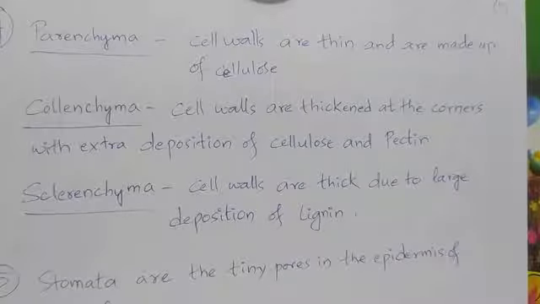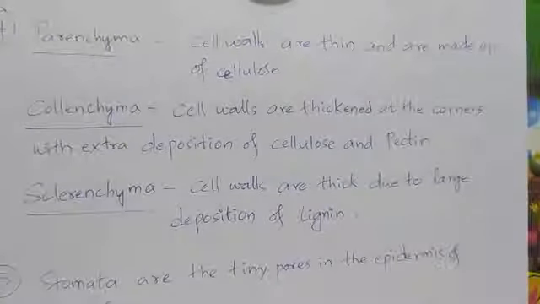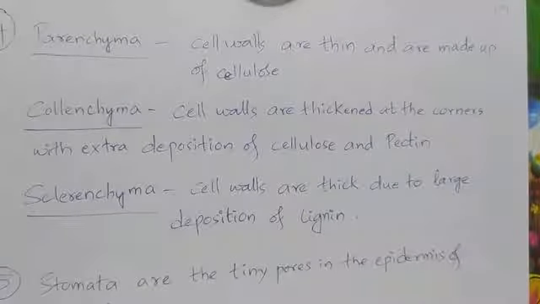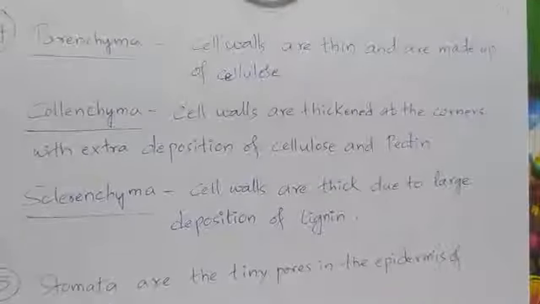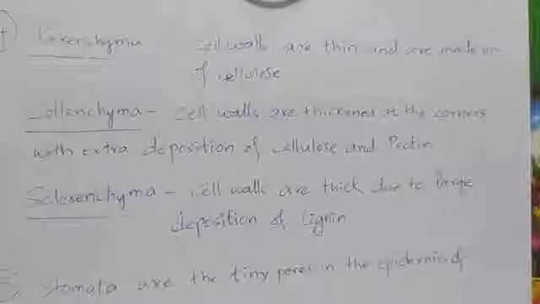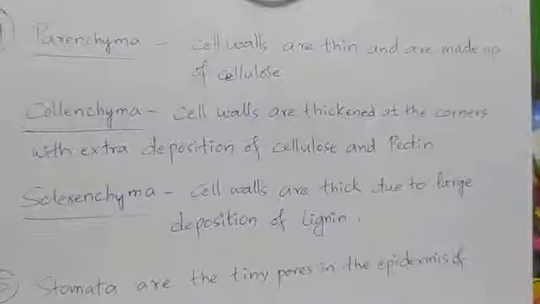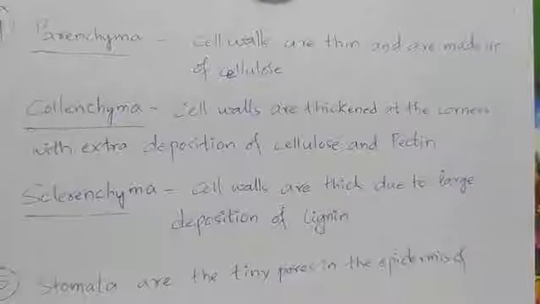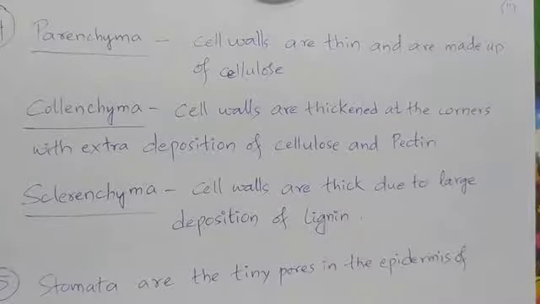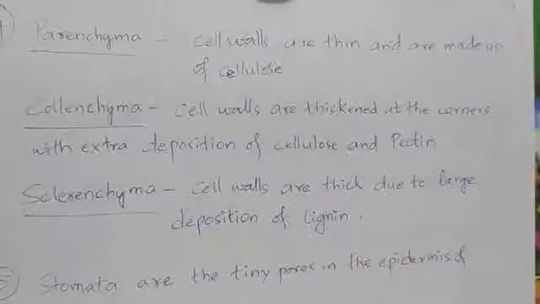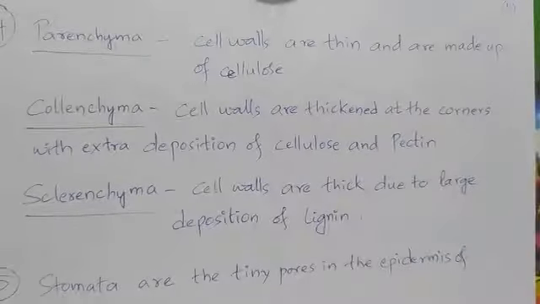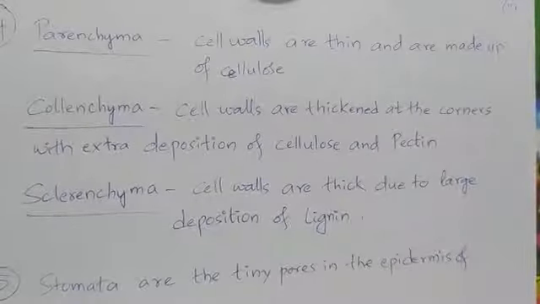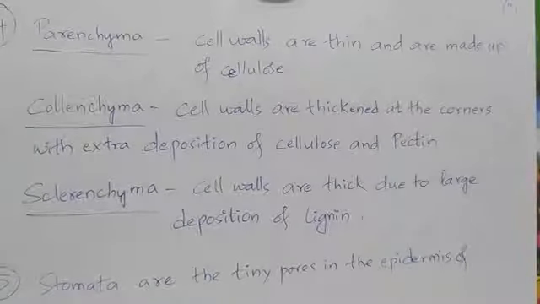Fourth question. Differentiate between parenchyma, collenchyma, and sclerenchyma on the basis of their cell wall. So, parenchyma is made up of one type of cells. Collenchyma is made up of one type of cells. Sclerenchyma is made up of another type of cells.